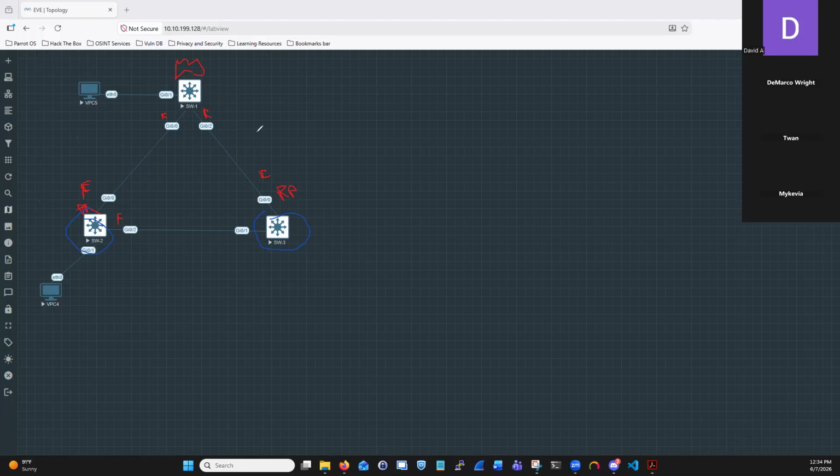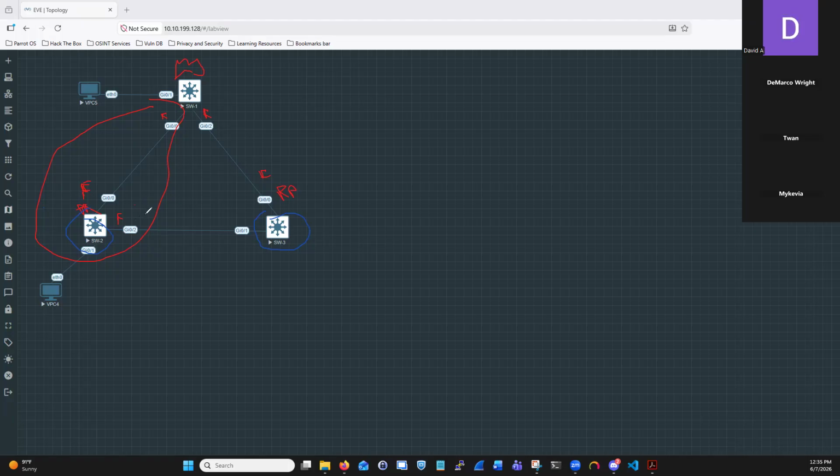So let's review what we learned. On this link, let's talk about the characterization of a port. From the root switch, all of its ports are always going to be in a forwarding state. It's always going to be a designated port. The non-root switch, we're talking about switch 2 to switch 1, its calculation to switch 1, Gigabit 0/0 to Gigabit 0/0 on switch 1, that is the root port.